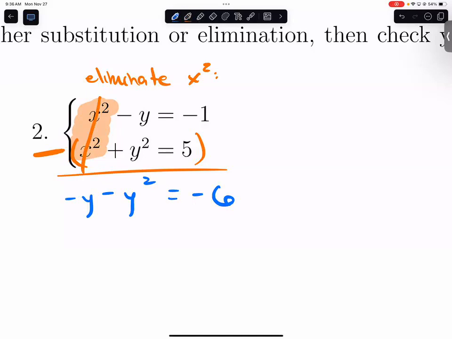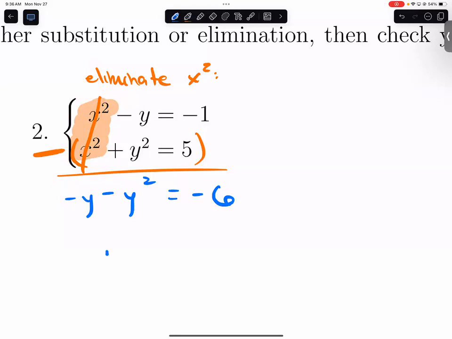What the elimination did is get rid of x and get a thing that's just in terms of y. It's quadratic in y. So collect everything up onto one side of the equation and solve the quadratic. I don't want to have to deal with this negative coefficient, so I'm going to move everything that way.